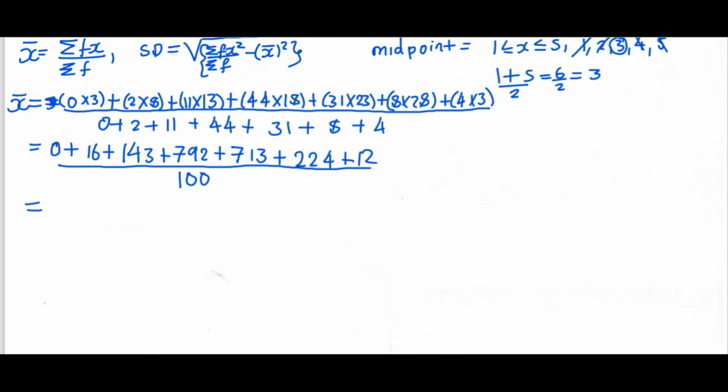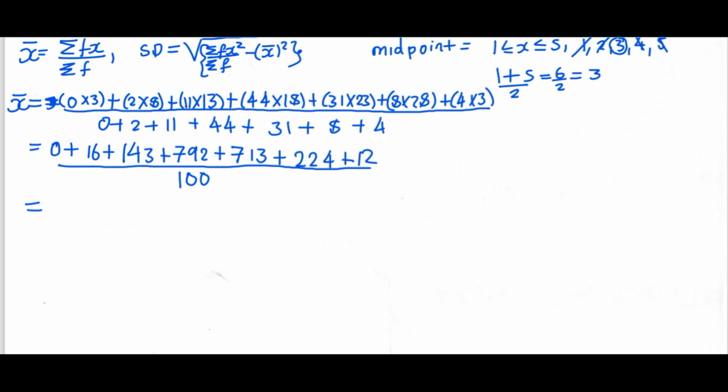Then let's find the sum of the above numbers. So 0 plus 16 is just 16, plus 143, plus 792, plus 713, plus 224, plus 12.